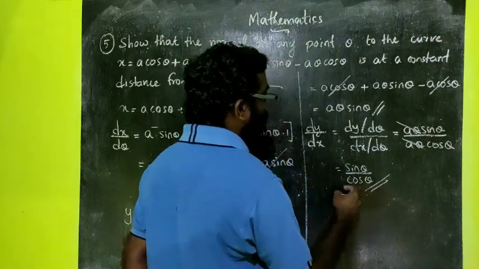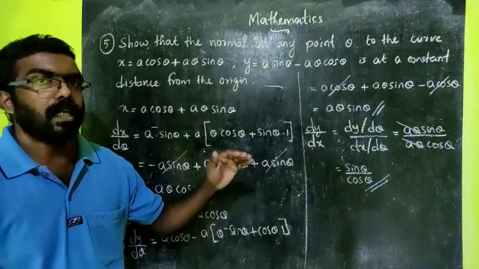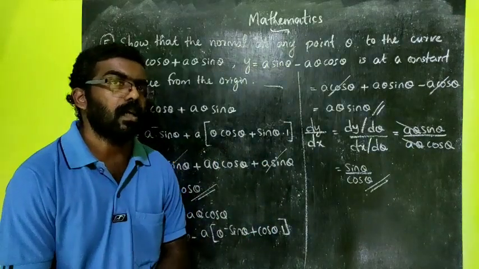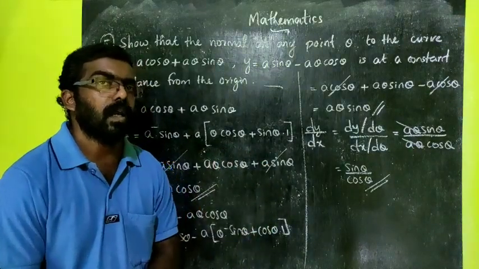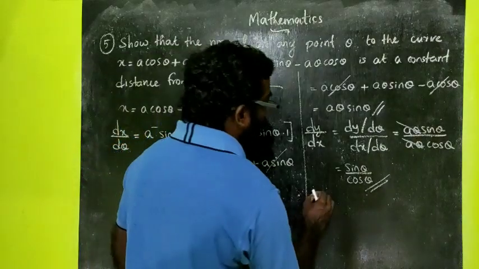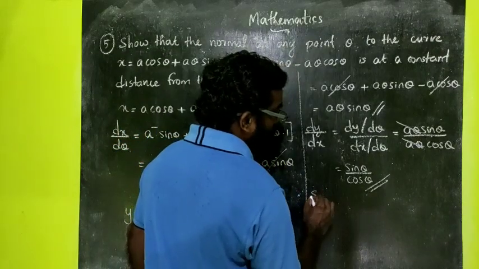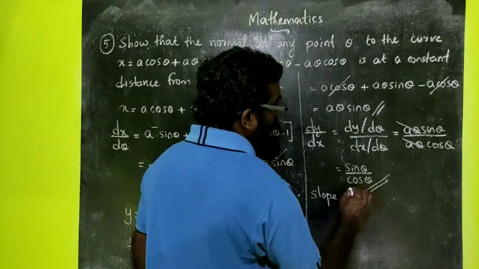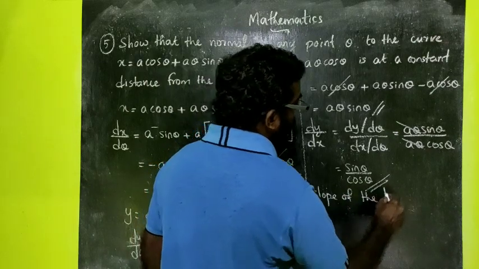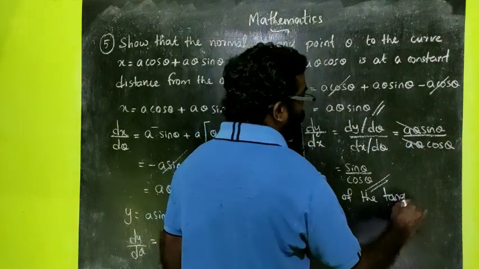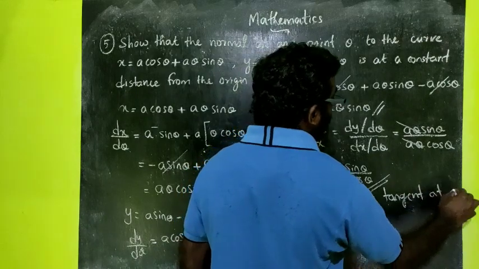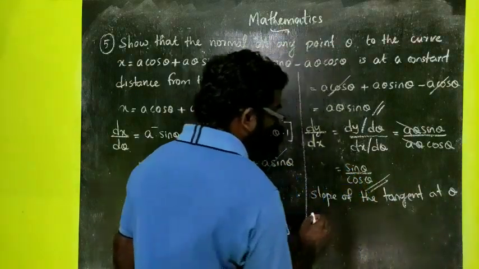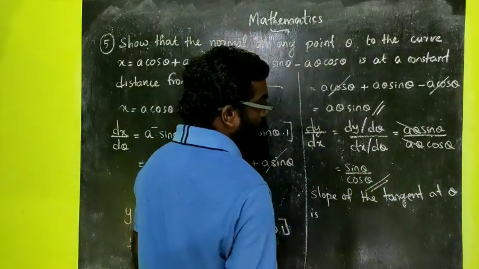Here I am not going to write it as tan theta. We write it as it is, sin theta by cos theta. Then only we can derive the formula. Okay. So here we can write slope of the tangent at theta is dy by dx.